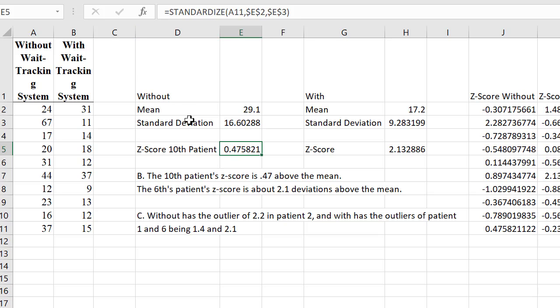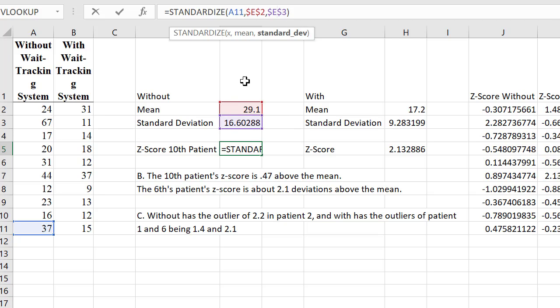You could calculate it out, or you could use the standardize function. The number we want to standardize is 37. That's where the A11 came in. The mean was 29.1 and the standard deviation was 16.602.